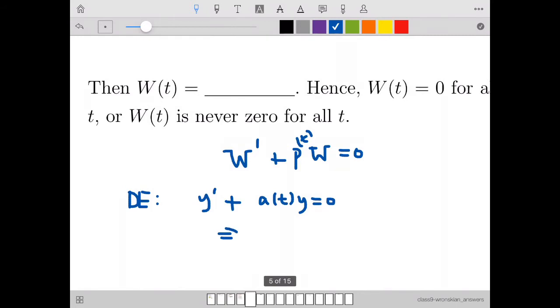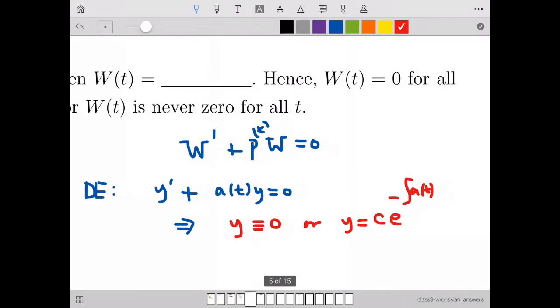So what's the solution? y is either constant 0 or y is c e to the minus integral of p dt, where c is not 0.